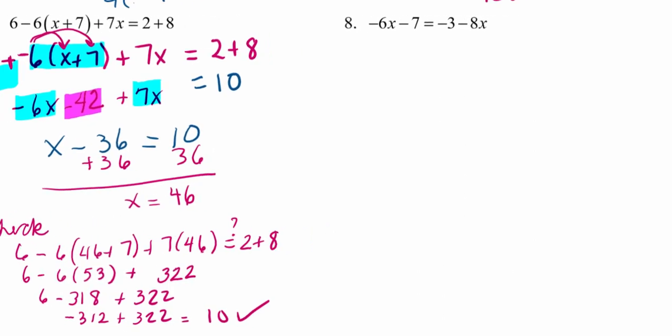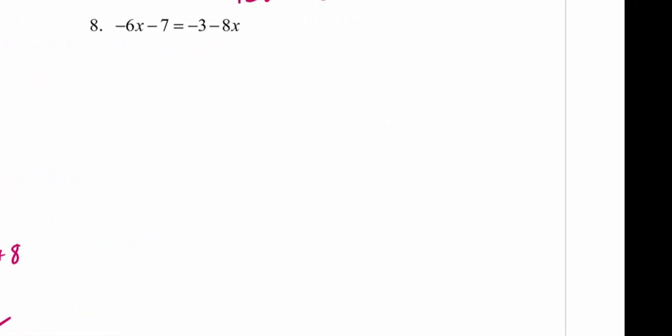Okay, number 8. In number 8, we don't have parentheses, but we do have, do you notice the difference? The new thing that's added in number 8 that we didn't have before? If you said there are variables on both sides of the equation, you are right.